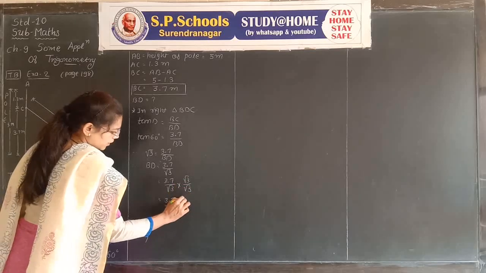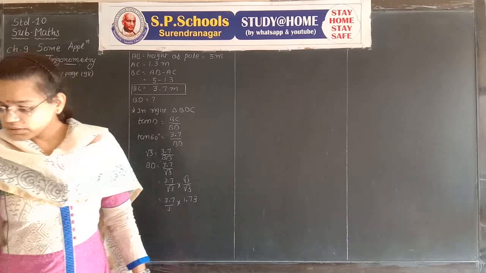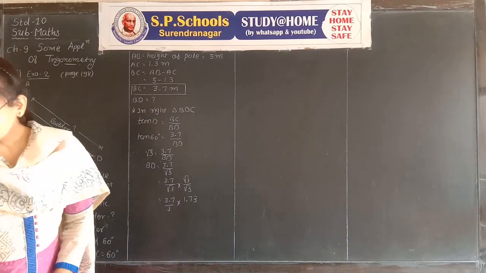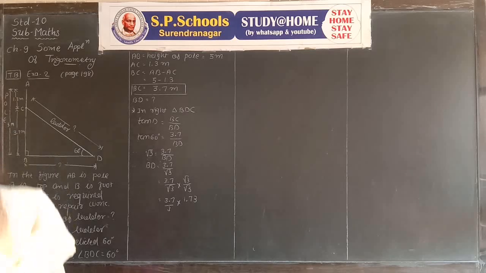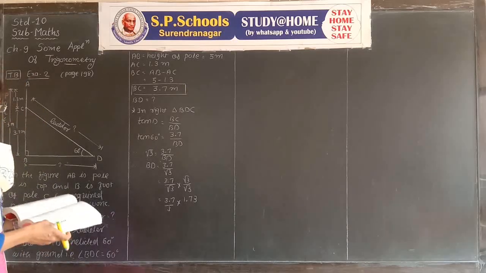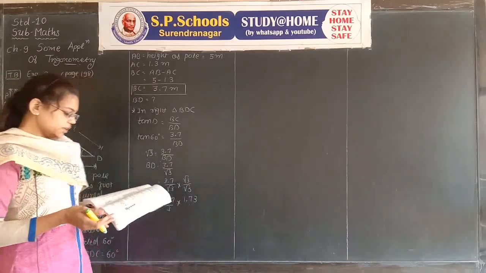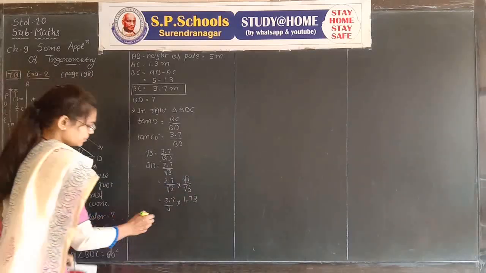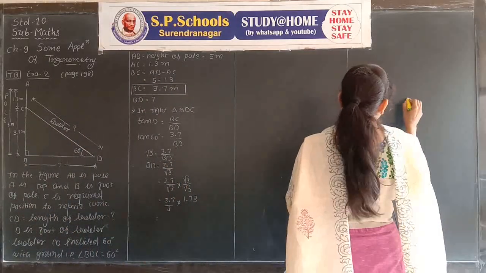Then substitute the value of root 3, which is 1.73. In your textbook, this is for finding BD, which in the textbook figure is called DC. To simplify, first do the multiplication of 173 and 37.